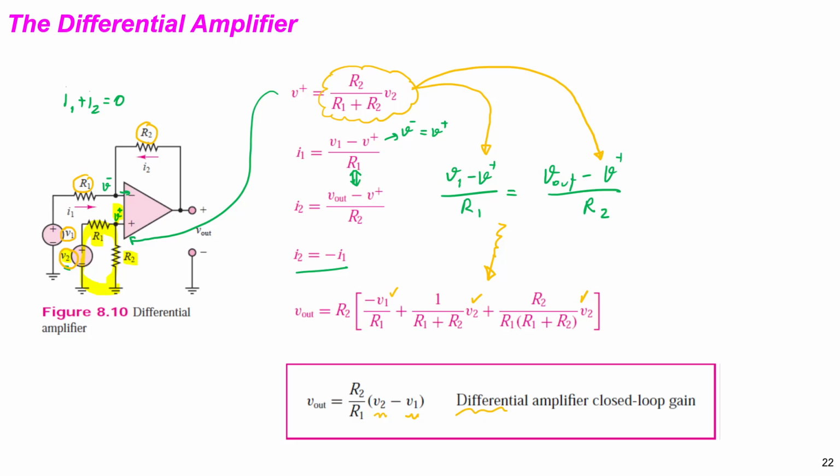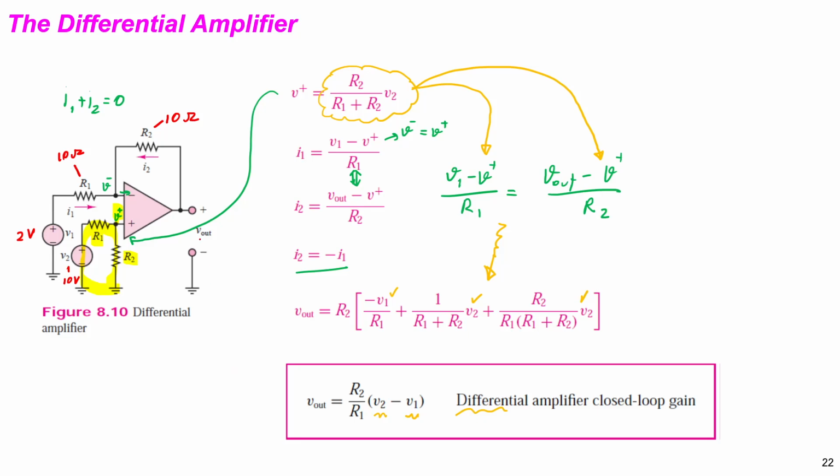For example, if I take R2 and R1 the same value, in this case maybe 10 ohm, R1, R2, 10 ohm and 10 ohm, and V2 10 volt, V1 maybe 2 volt.